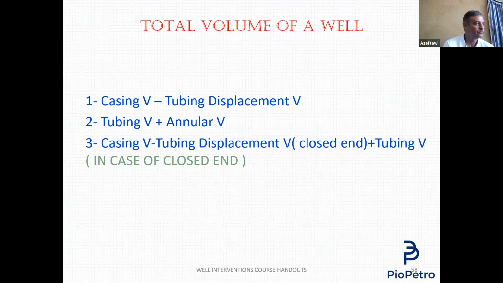The well is full of 500 barrels. I'm running the tubing closed end. I have a plug at the end. Based on the data I'm giving you, the tubing displacement volume is 50 barrels and the tubing volume is 150 barrels. After I run the production tubing plugged, how many barrels are out?